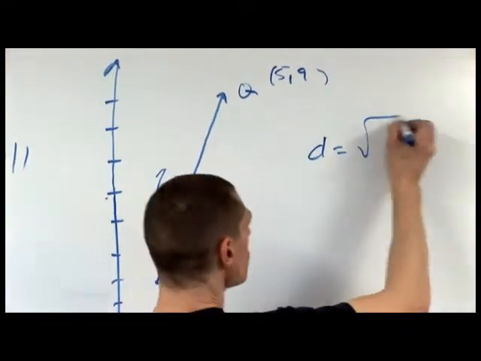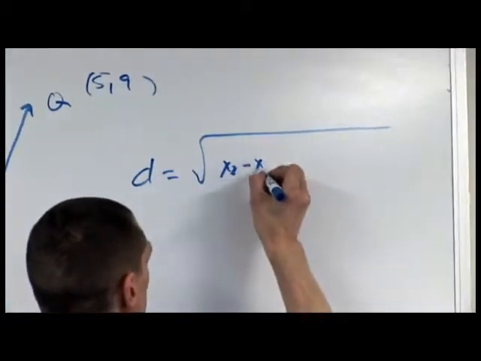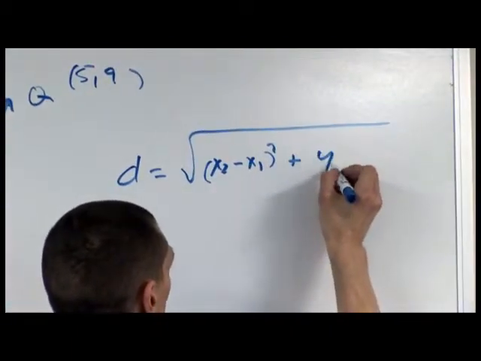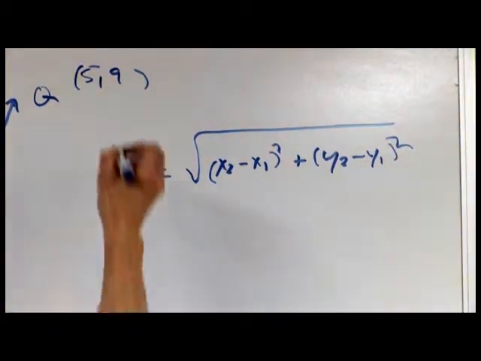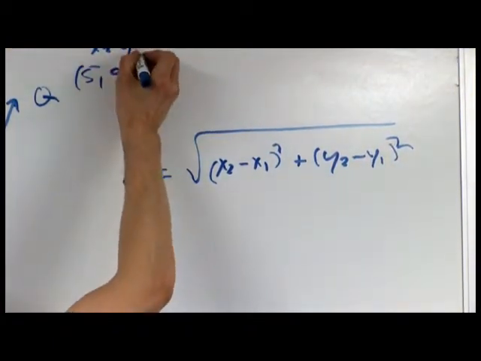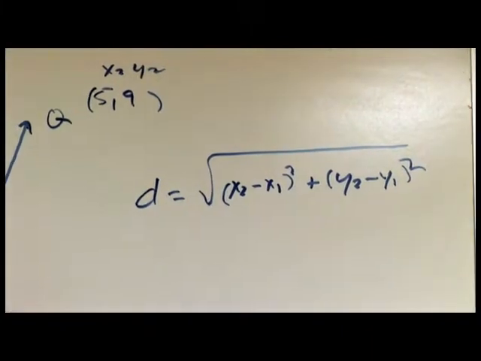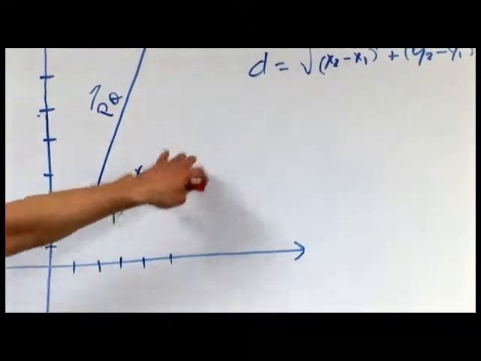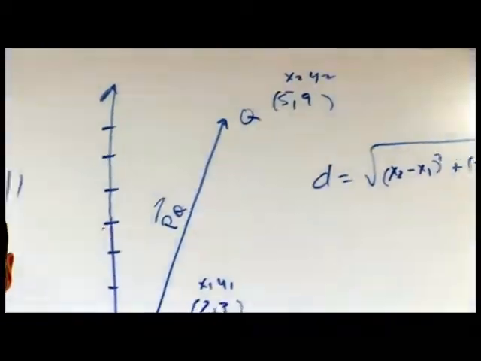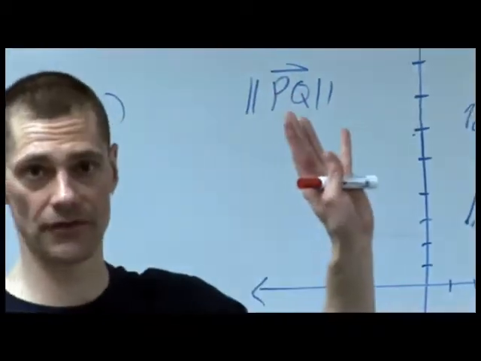d is equal to the square root of (x2 minus x1) squared plus (y2 minus y1) squared. I'm going to let this be x2, y2, and this x1, y1. Incidentally, would the answer be different if I let this be x2, y2, and this x1, y1? No, the square kills off the difference.